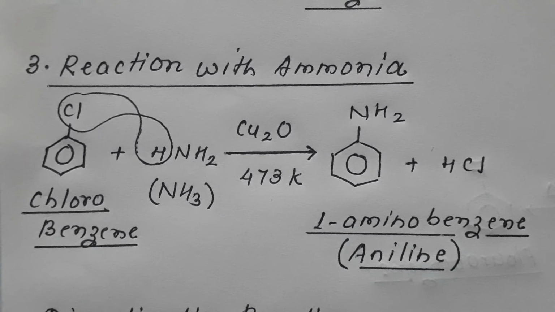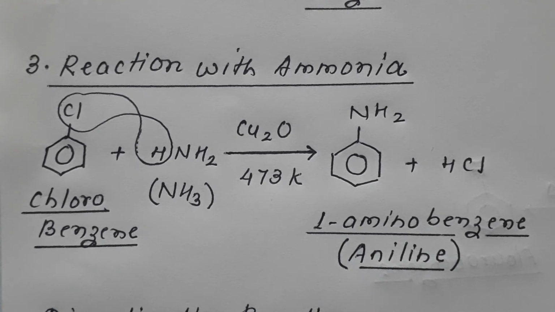So that is the conversion of chlorobenzene into aniline by reaction with ammonia. We know that aniline can be converted into a very important compound, benzene diazonium chloride, by a reaction termed the diazotization reaction.